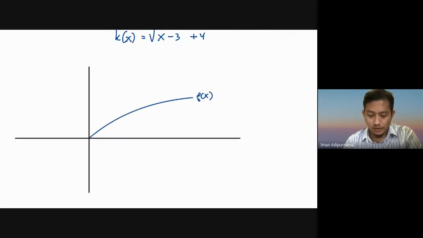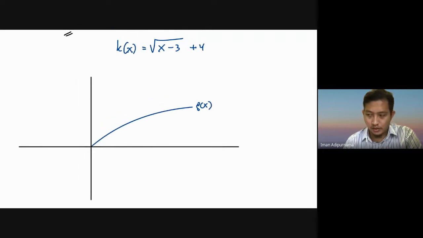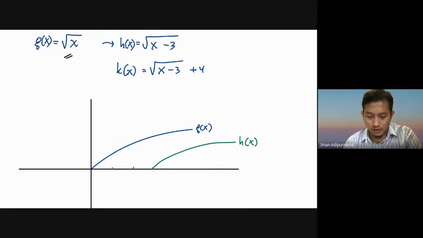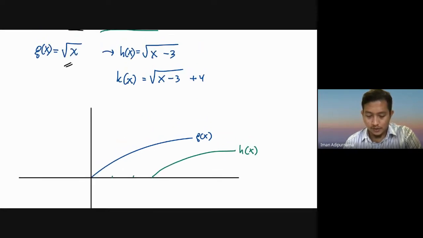And we can also make 1, 2, 3. So maybe 3 here. But this will be the h of x. And then we are moving 1, 2, 3, 4. So maybe here.